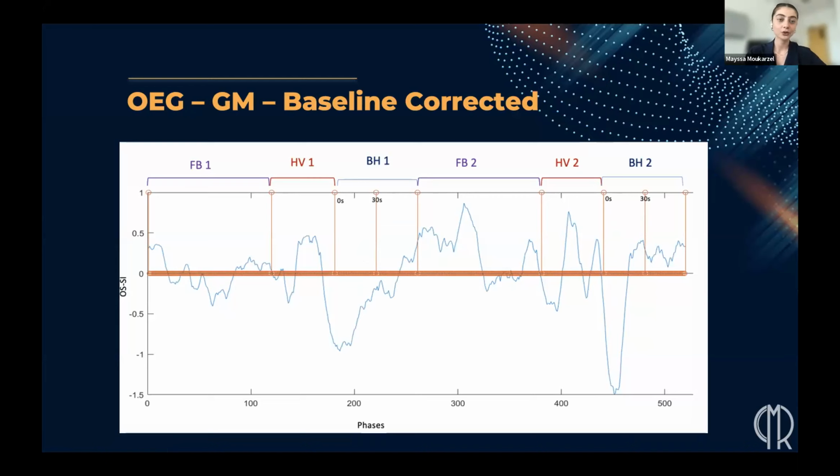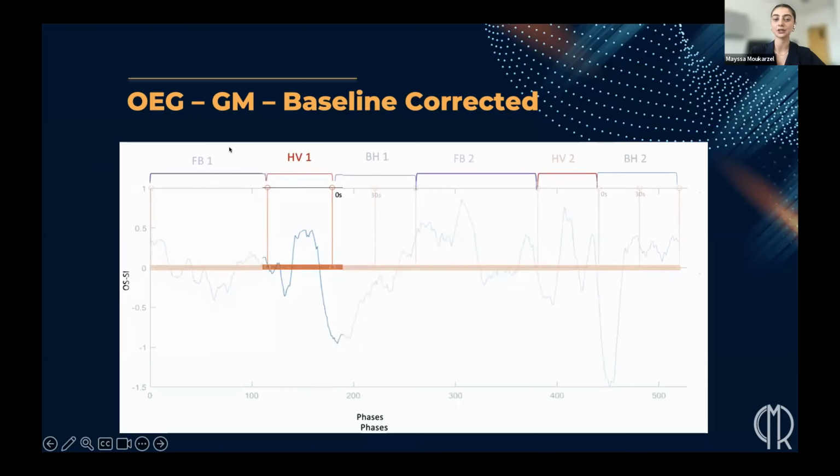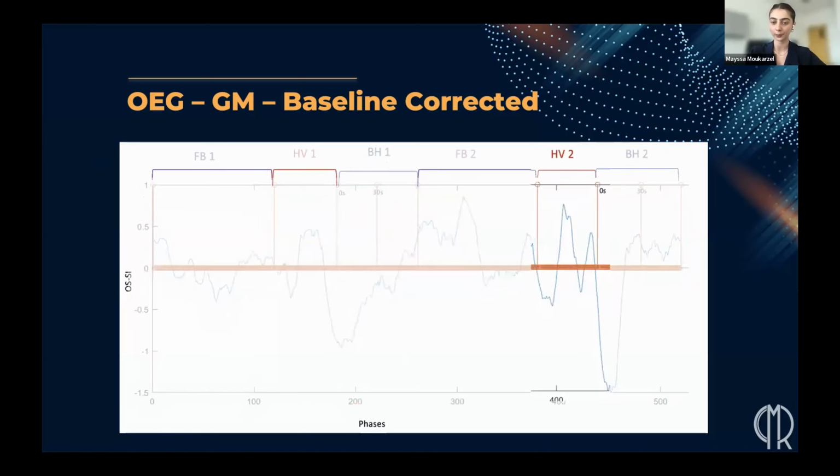And we did. So basically, this is the signal intensity during free breathing 1. You can see the cardiac variation. And then you have a decrease of signal intensity during hyperventilation, which is what we expected as well. And then we have an increase of signal intensity for the breath hold. And then you can see the same pattern for the second breathing maneuver.